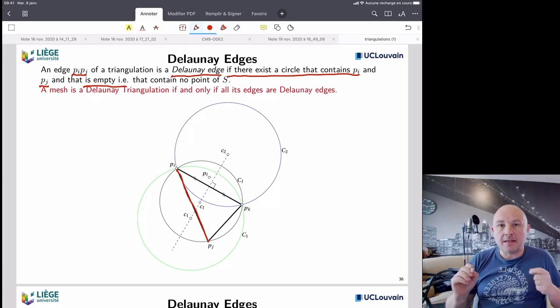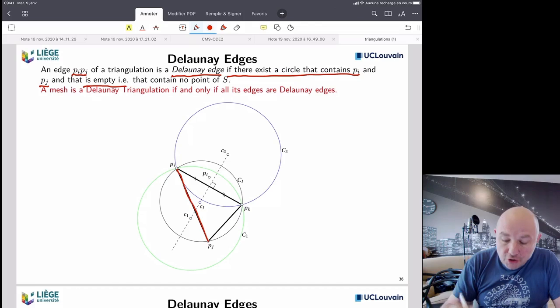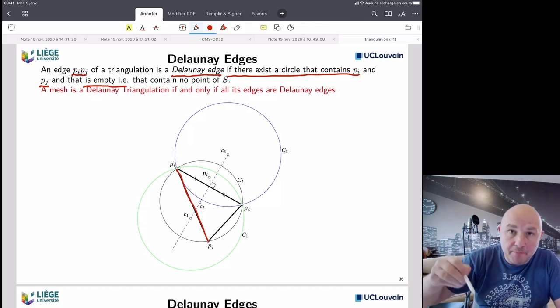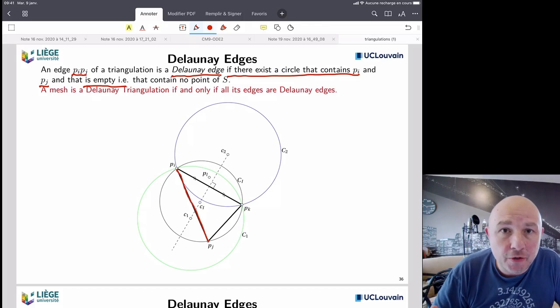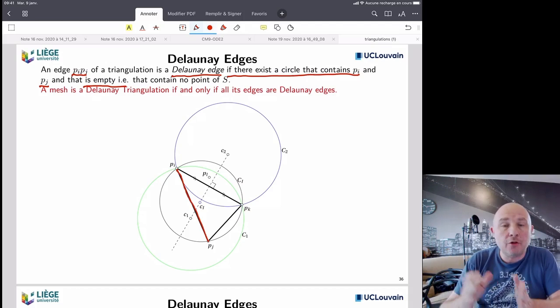So it means that if you have a triangulation, and if you can find a circle that passes through Pi and Pj and that doesn't contain any point, this edge is called, by definition, a Delaunay edge.